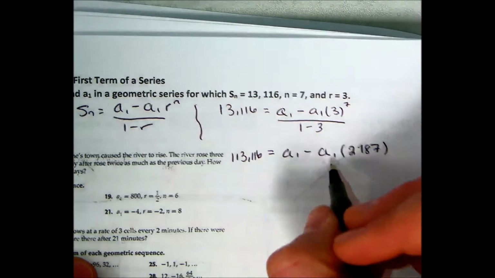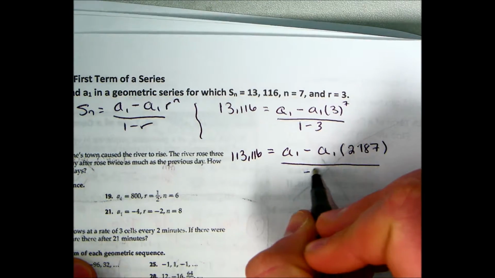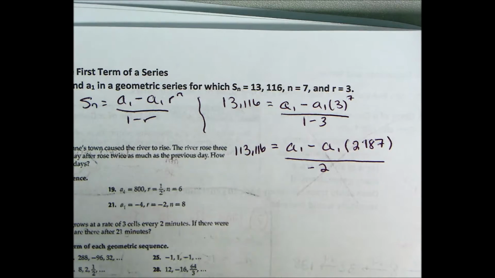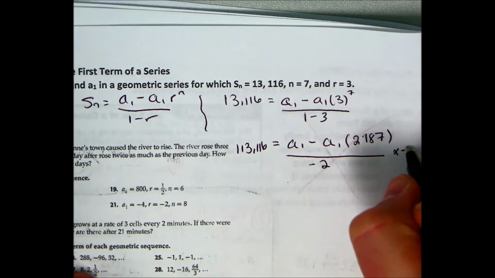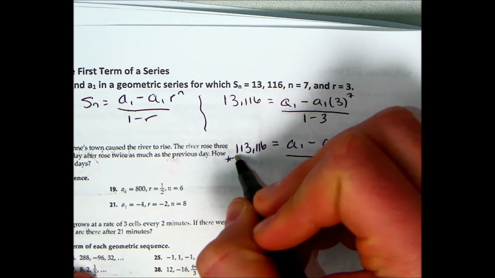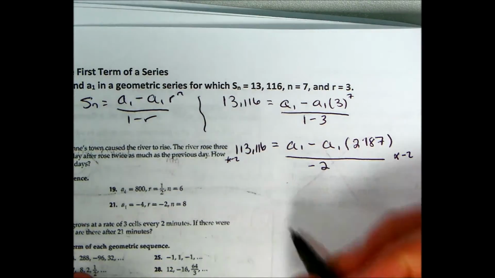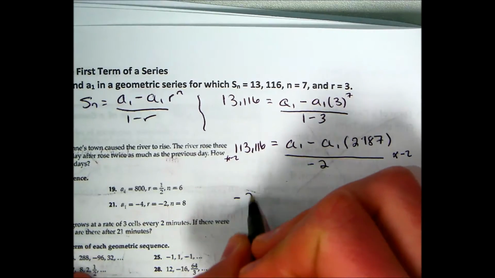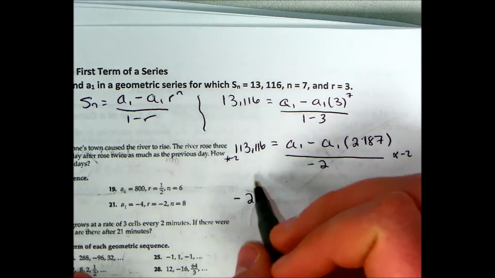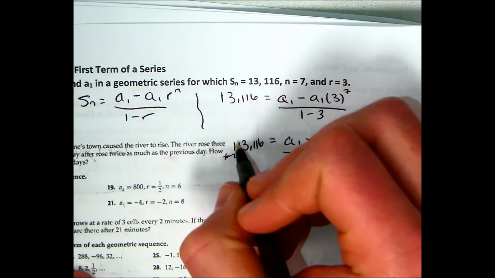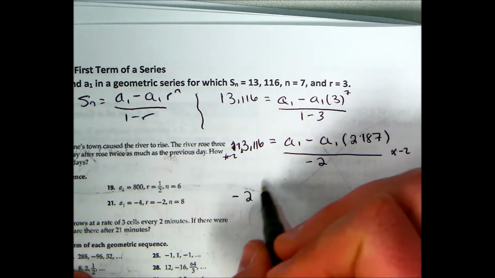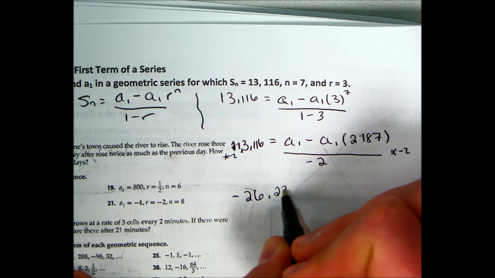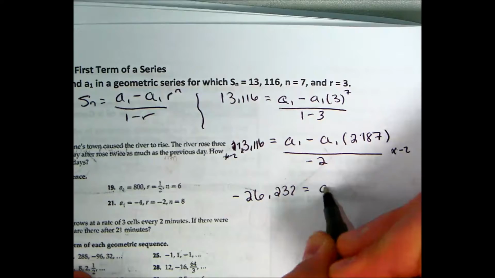And now, that's where I might just leave you off. I want you to try to see if you can solve this for me. Your first step would be to multiply by -2 on both sides to get rid of this. Oops, sorry, there should be an extra 1 there. There we go, 13,116. So it should be -26,232 equals a1 minus a1 times 2,187.